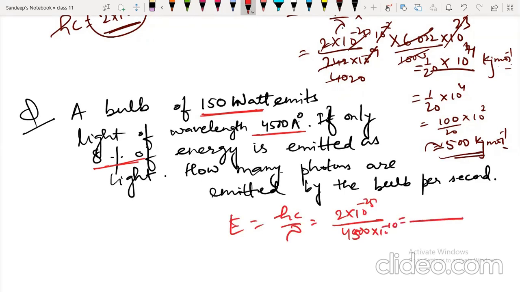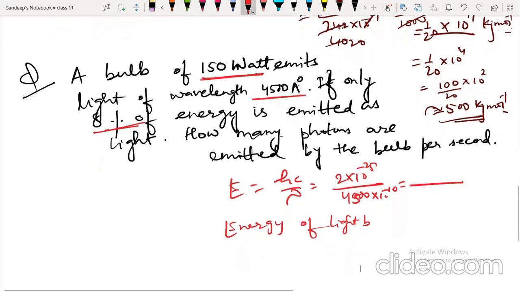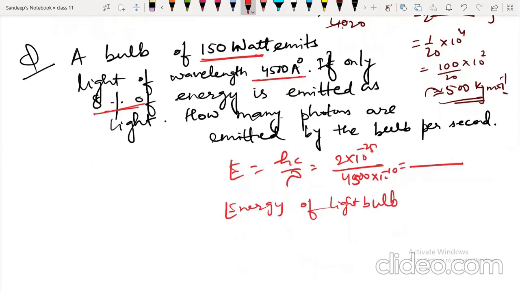And energy of light bulb is 8%, 8 by 100 into 150. So it is 12 joule. Now what is the answer for this? How much you are getting? 4.4 into 10 to the power minus 19 joule.